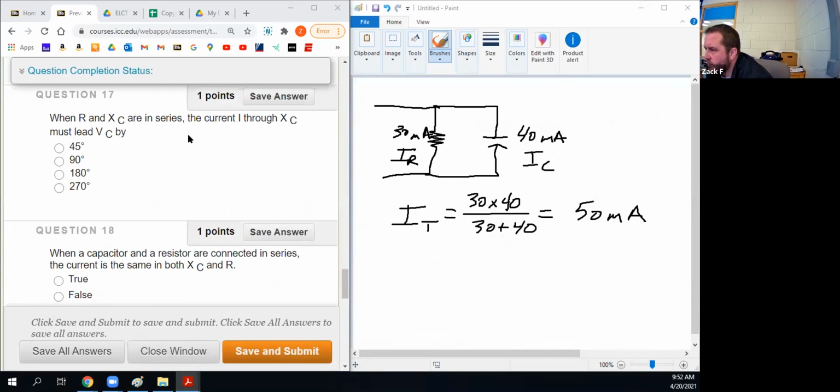When R and X sub C are in series, the current through X sub C must lead the voltage. The current through capacitive reactance must lead capacitive voltage by how much?